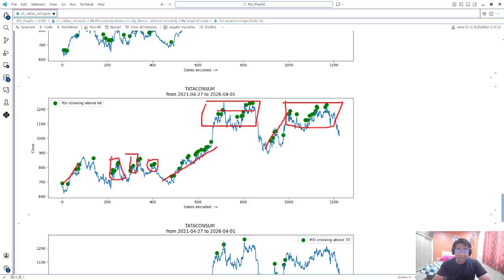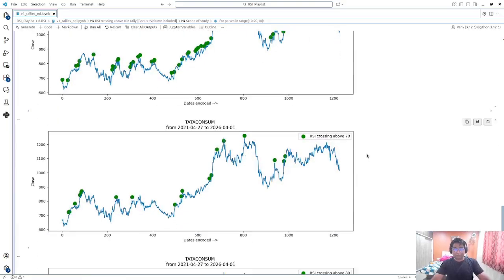These two are the only times when this reading, RSI crossing above 60, is observed in the correction phase. Okay, so let's go to the next.